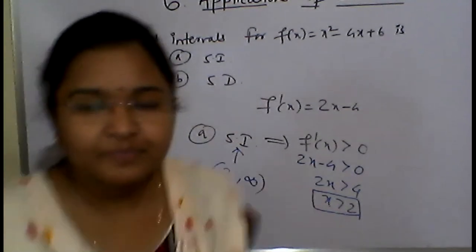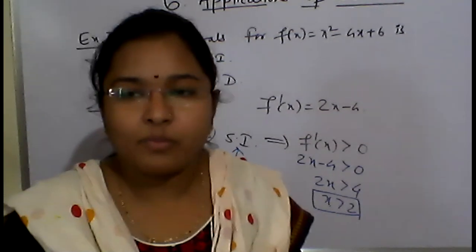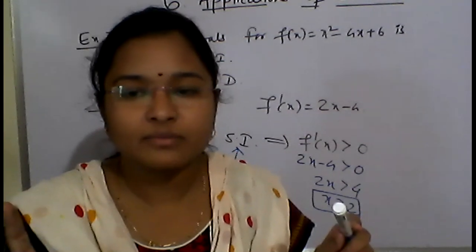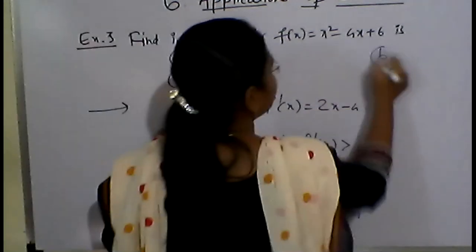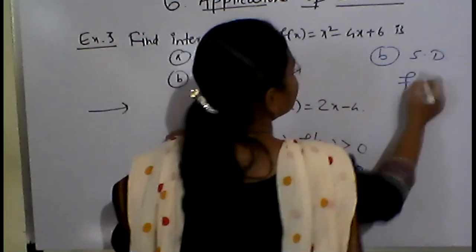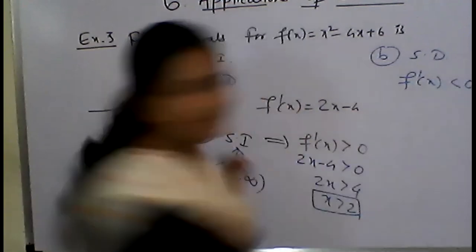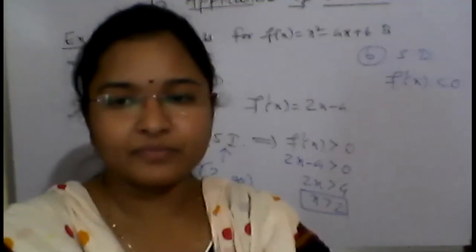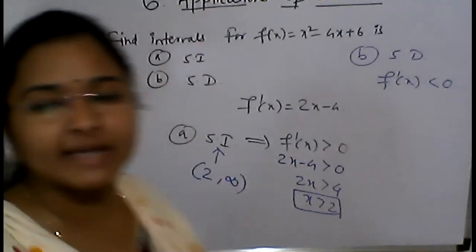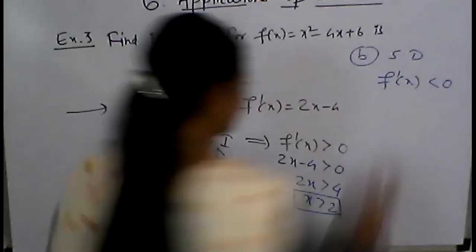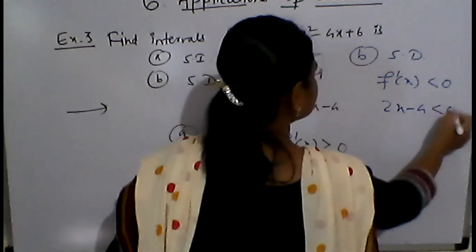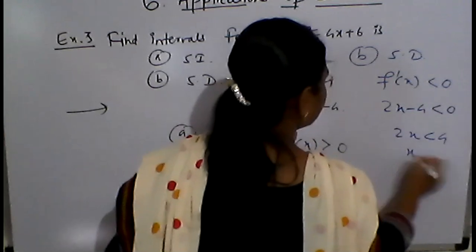Any doubt? Ma'am, is it a closed bracket or open bracket? Open bracket, strictly open. Now second, strictly decreasing. For strictly decreasing, we need the derivative negative. 2x minus 4 less than 0, 2x less than 4, x less than 2.